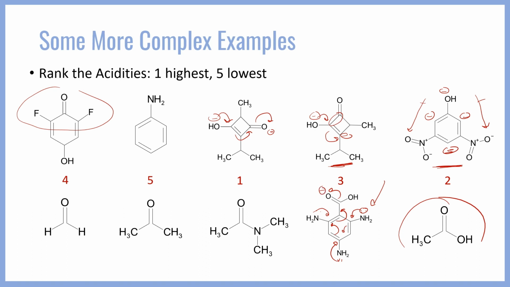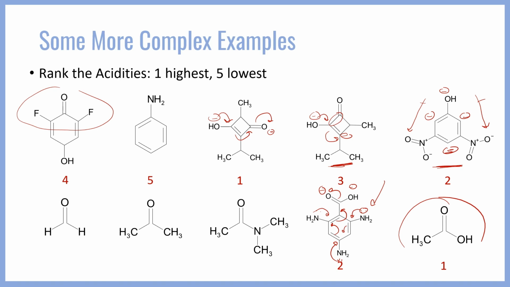That is actually going to make this OH group less acidic, because if it were to ionize, we're going to have a negative charge next to an already partially negative oxygen, which is going to have some sort of electrostatic repulsion, right? So we can see that these nitrogens pushing their electron density into the ring is actually going to make the carboxy acid group a little bit less acidic. So this is going to be number 1 and this is number 2, right?